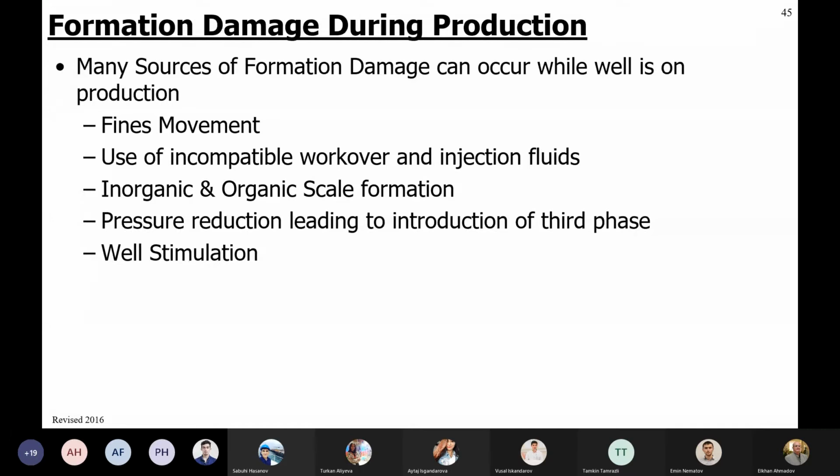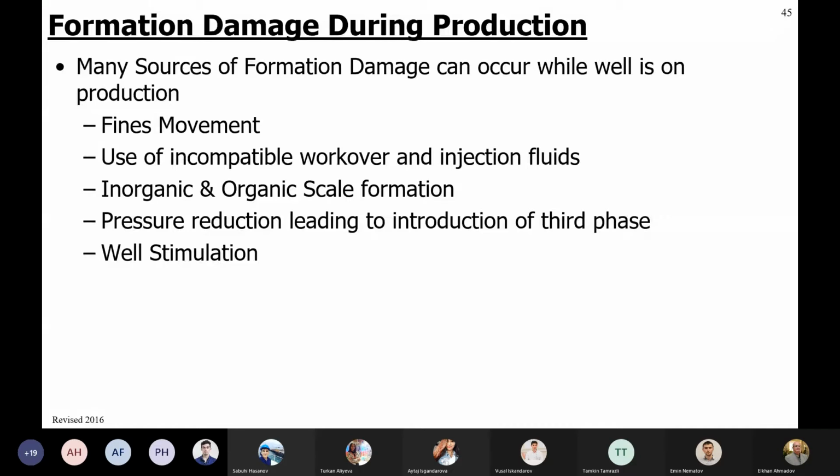And well stimulation is always a danger for damage because we have different chemical compositions for the well stimulations, or for hydraulic fracturing we have slurries to deliver.